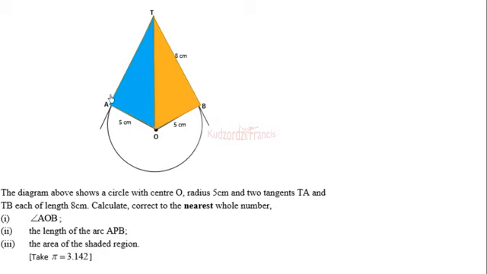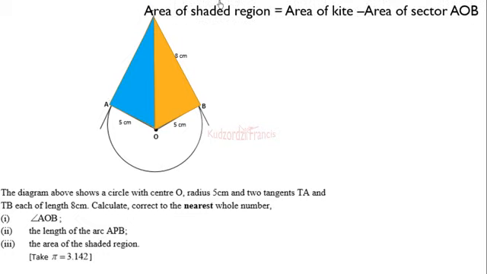So this is what we are saying. The area of the shaded region is equal to area of kite minus area of sector. So we need to substitute. We need to remember the formula for the area of this triangle, which is half BH, and multiply by 2. So half BH multiplied by 2.